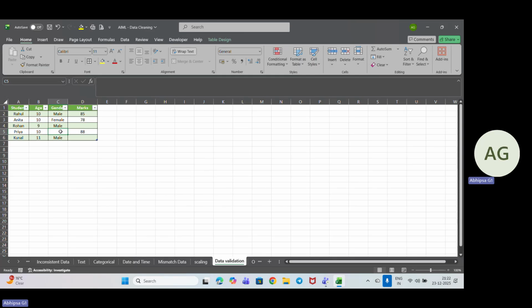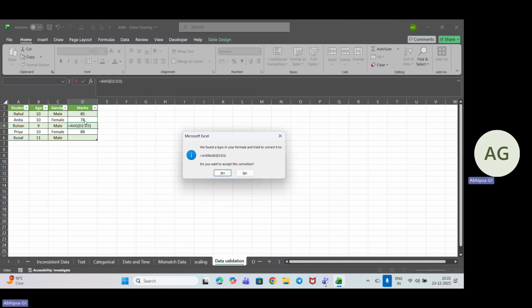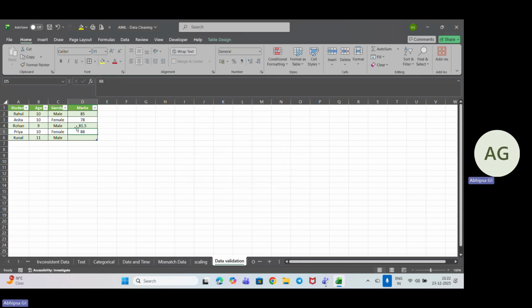Based on the name, we can find out that this is a female, so we'll take it as female. And suppose for Rohan, we'll take the average of these two and fill it in.